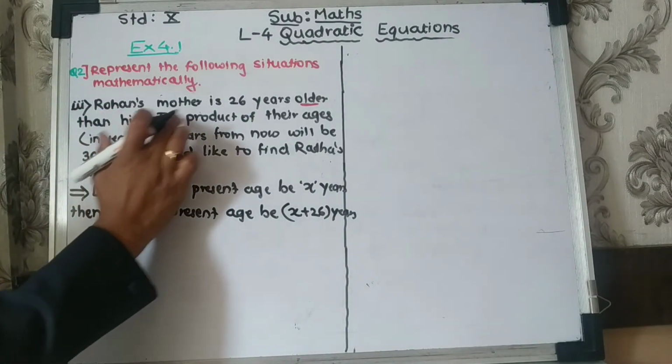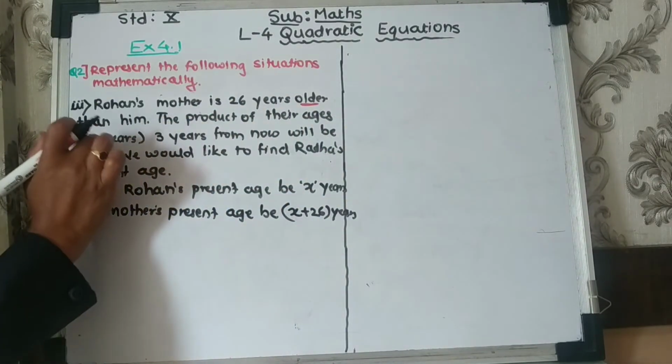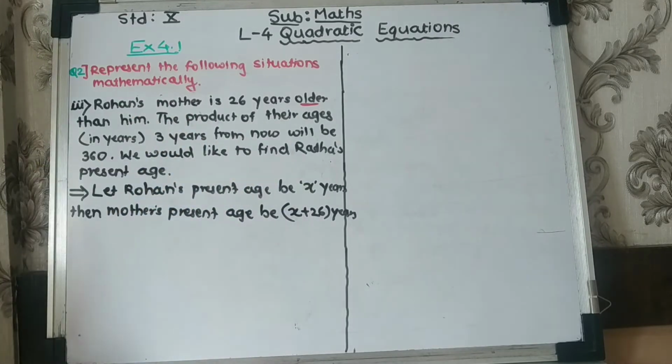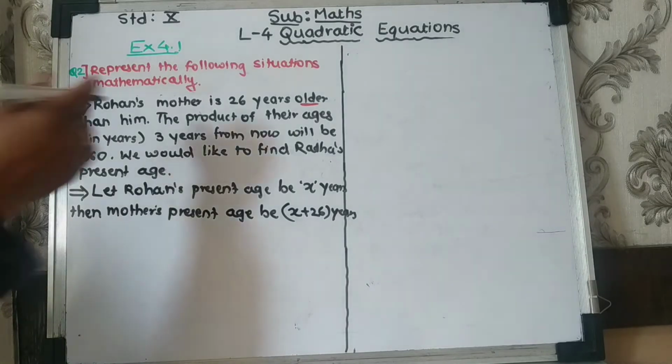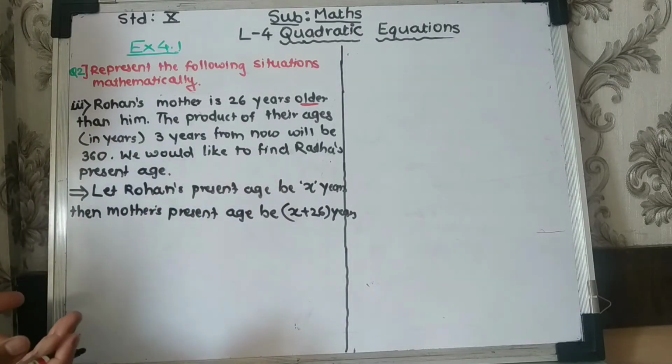Now the product of their ages 3 years from now. Now just tell me, after 3 years, your age will increase or decrease? Obviously, it will increase by 3 years. Means, if you are now 15 years old, that means after 3 years, you will be 18 years old. So, same way, we will write their ages after 3 years.